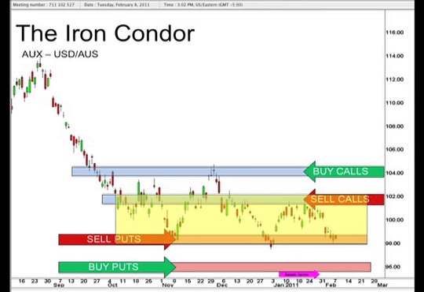Now, there's lots of different ways, guys, that you can participate in these kinds of observations. There are many different strategies that you can implement. The important consideration here is, how do I use these price charts to identify a particular trading range or a particular trend that's in place, and ultimately, what is the most appropriate strategy, and remember, we have a lot of synthetic strategies available to us as well in this market.